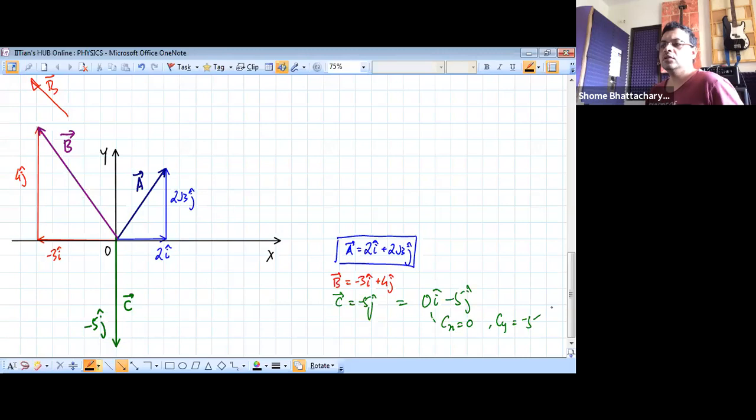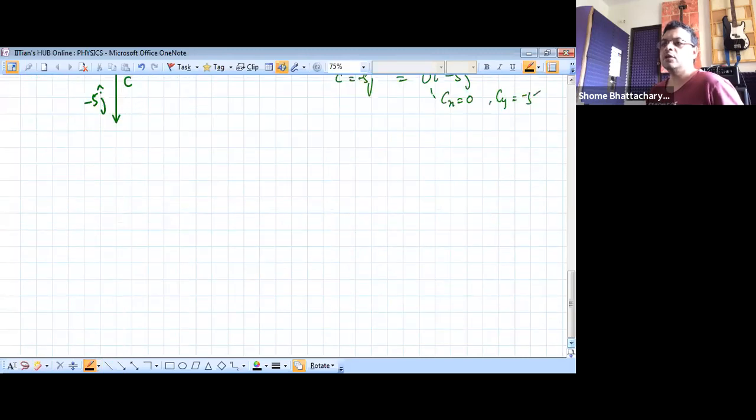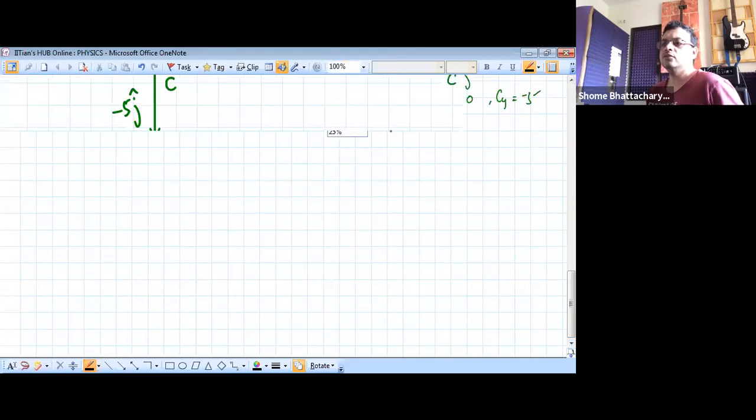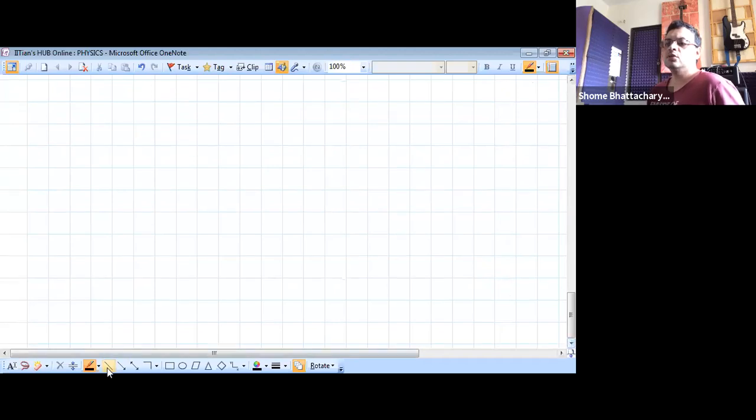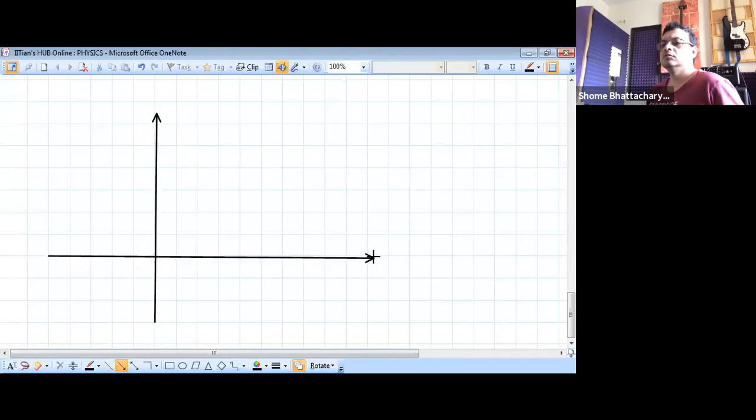Now, the other thing we saw is that once we know the components, how do we know the magnitude and the angle of the vector? In general, if we know the vector in terms of its component notation, that means for the given vector E, Ax and Ay are known.